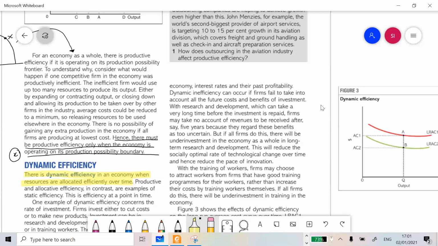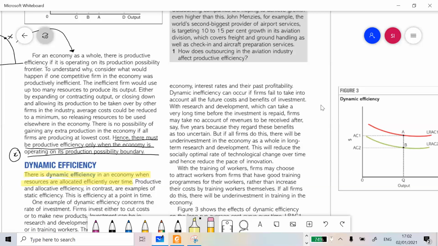So once you invest in research and development, we do not know how successful the product is going to be. If it's successful, yes, you succeed and it becomes dynamic efficiency. If it doesn't become successful, it is called dynamic inefficiency because you have used nearly 5 years to do research and development, and ultimately it is not bringing in enough demand for your product. Therefore, your sales drop and your profit will drop, leading to dynamic inefficiency.